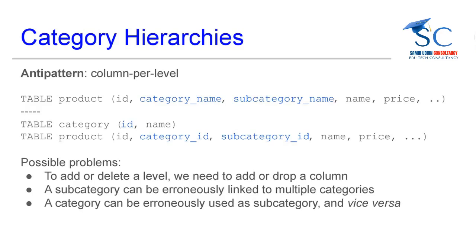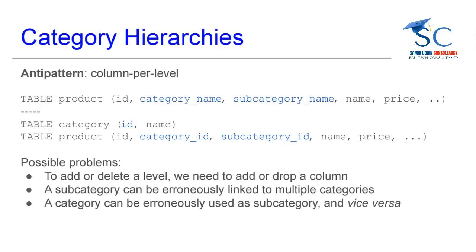You can have a product table with a lot of columns and information, and then you have a category name column, and then you have a subcategory name column. This is the worst pattern, and I hope I don't have to explain why.